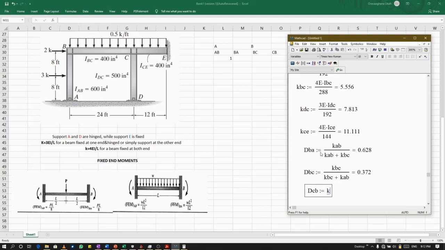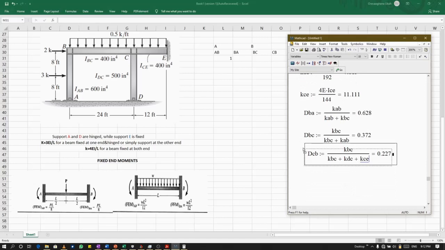So we'll just put that in, all over KBC plus KCD, or DC, which is the same thing, plus KCE, which will give us 0.227.